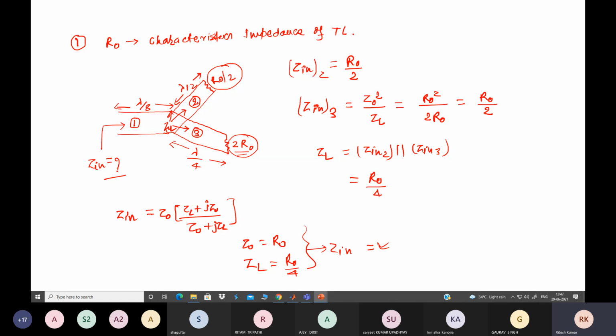So we will first write the formula that we have derived for the short circuit impedance and open circuit impedance. Writing here short circuit transmission line, and here we are writing open circuit transmission line. What was the input impedance for the short circuit transmission line?